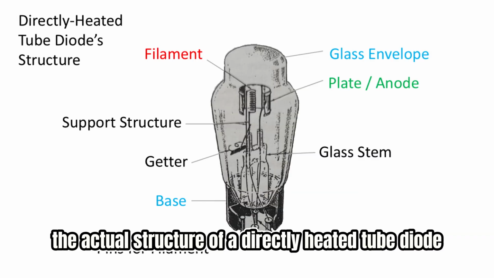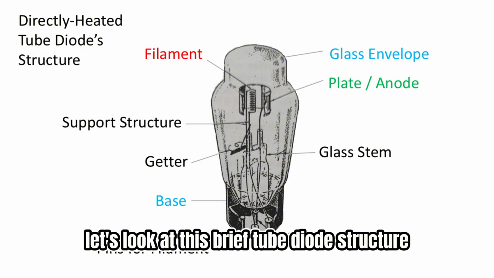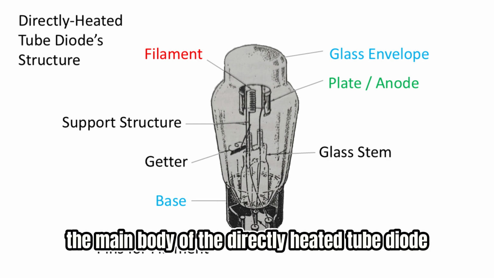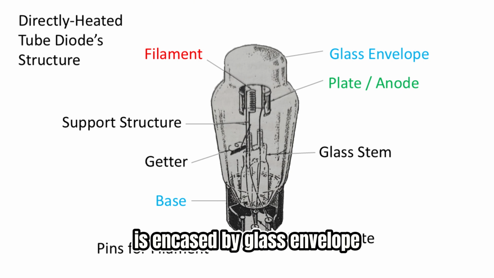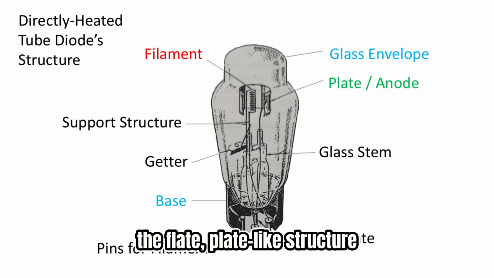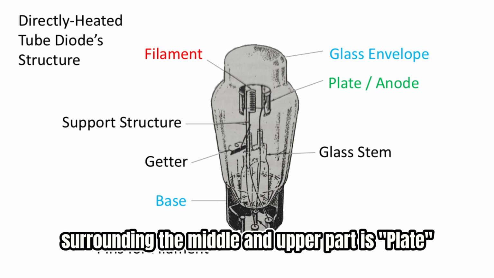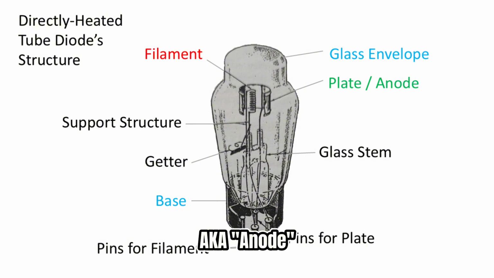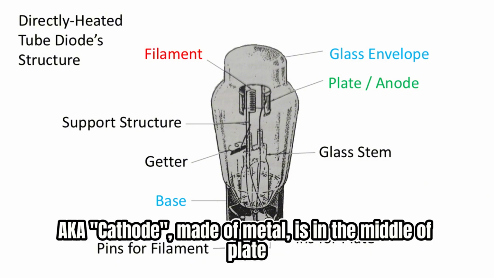Now, what does the actual structure of a directly heated tube diode look like? Let's look at this brief tube diode structure. The main body of the directly heated tube diode is encased by glass envelope. The flat plate-like structure surrounding the middle and upper part is plate, aka anode. The filament, aka cathode, made of metal, is in the middle of plate.